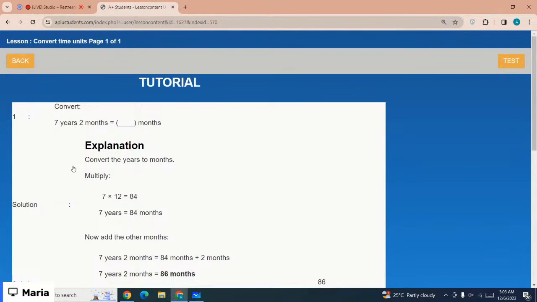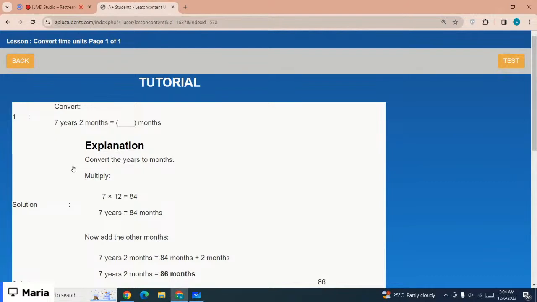You can measure the time in years, months, weeks, days, right? Then hours, then you have minutes and then you have seconds, right? Seconds is the smallest unit to measure the time, right?